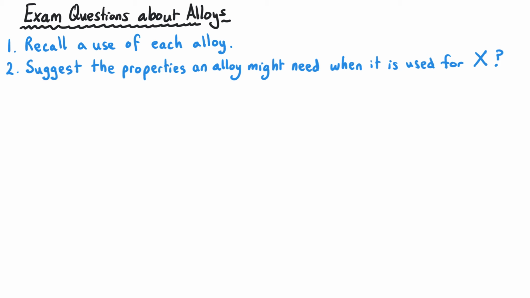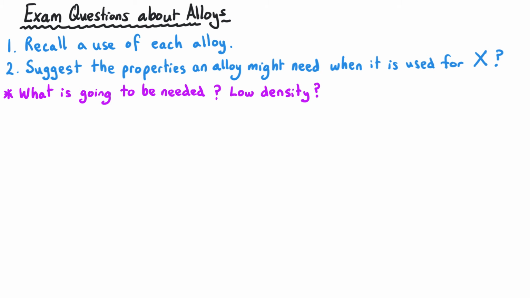And so you would need to think about what the job this alloy is going to do would require. And so it might require a material that has got a low density, or maybe one that is particularly hard and rigid. Or it might need one that is resistant to corrosion. You need to be able to adapt to the situation and make some suggestions.